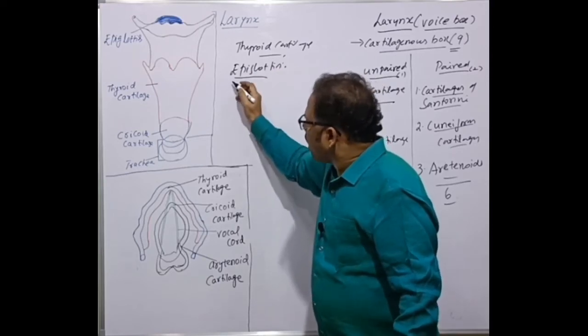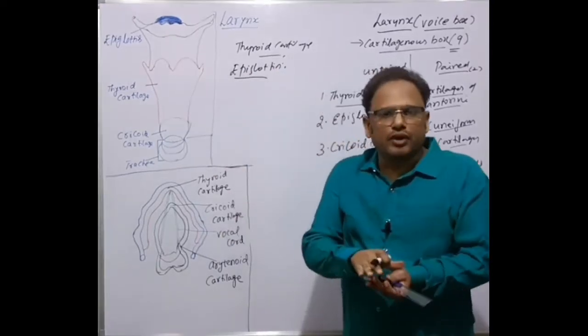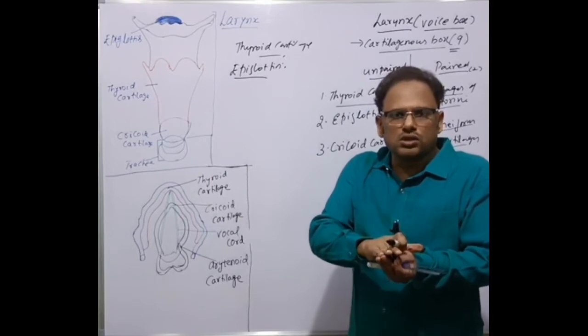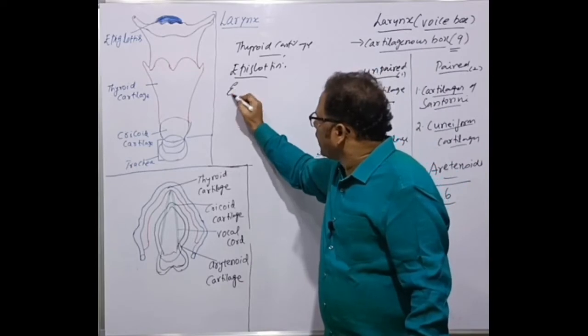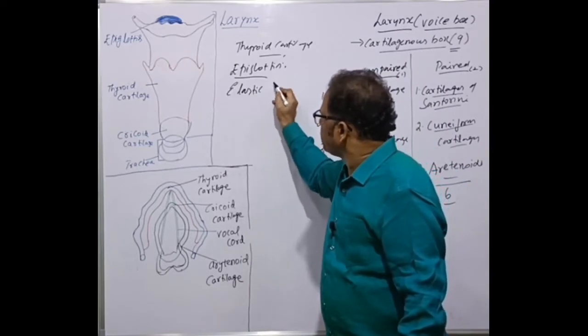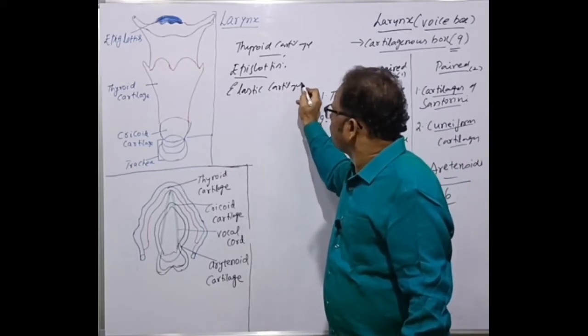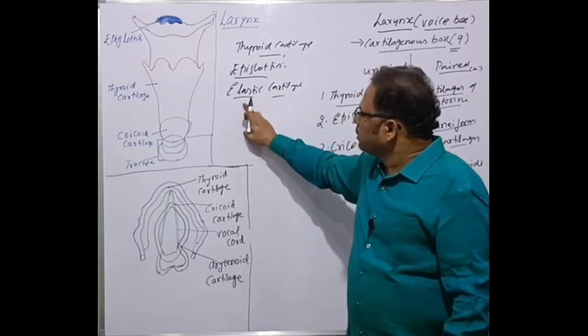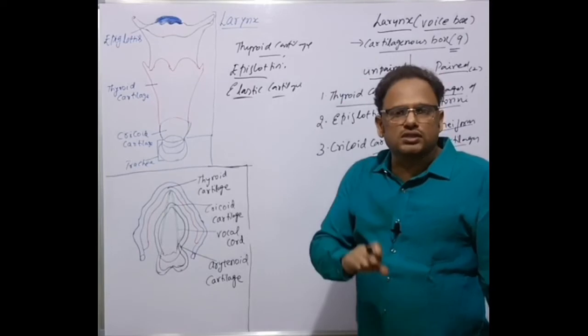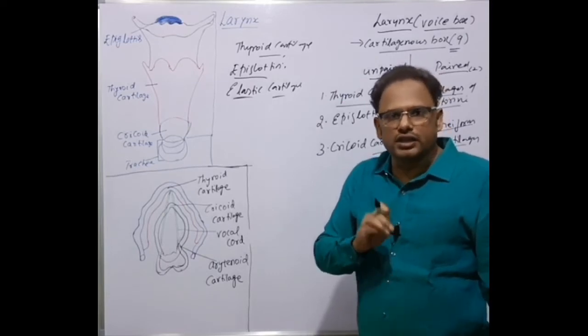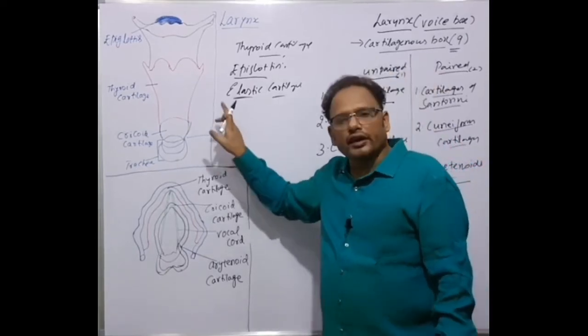What is a flap? Which can be closed and open. That is a flap. So it is made of elastic cartilage. Epiglottis is very thin and made of elastic cartilage, which closes the glottis when the food is entering beyond the levels of laryngopharynx.